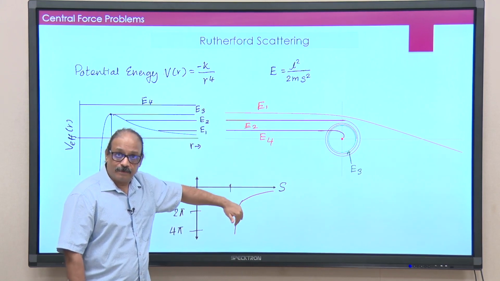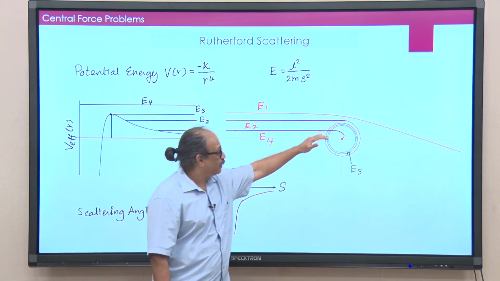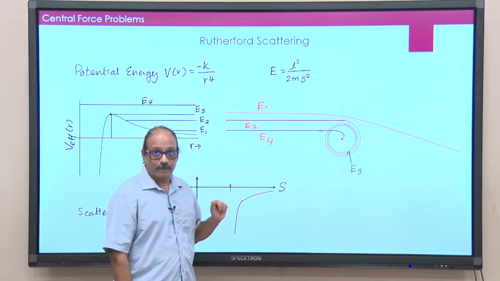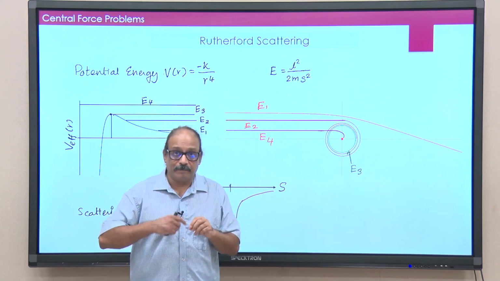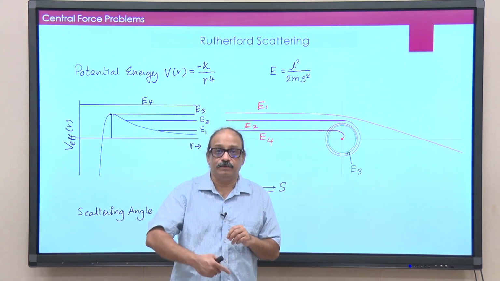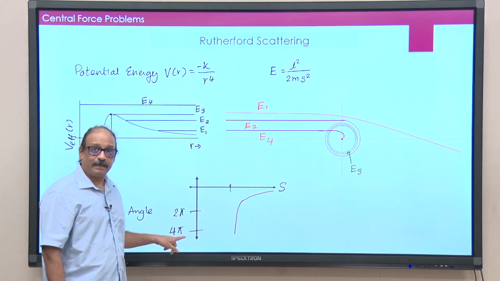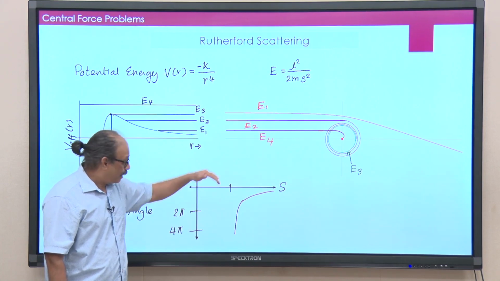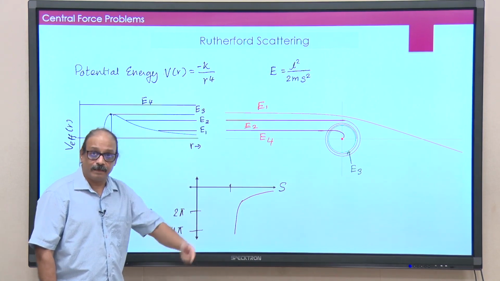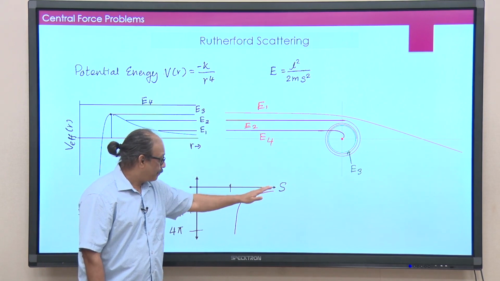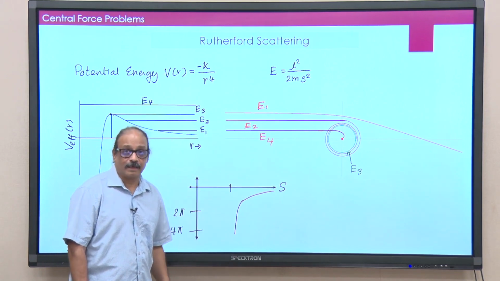Then further, if you decrease the s value, what will happen? The particle probably would do 2 of the rounds and then get ejected, whose scattering angle would be nearly 4 pi. It goes on, it does more and more. So, rapidly it decreases there. Okay.